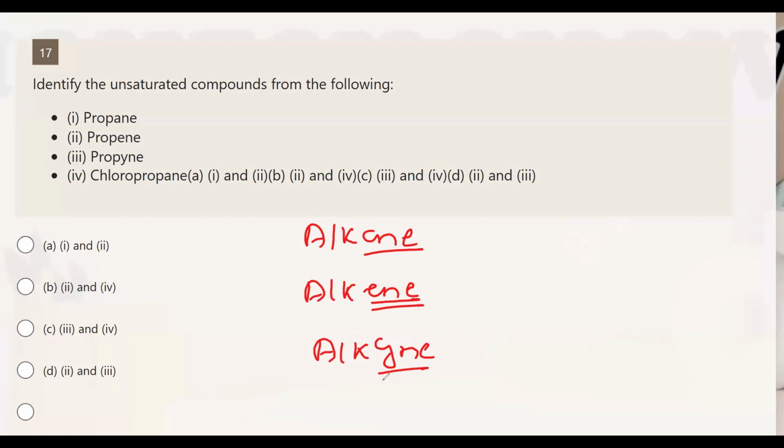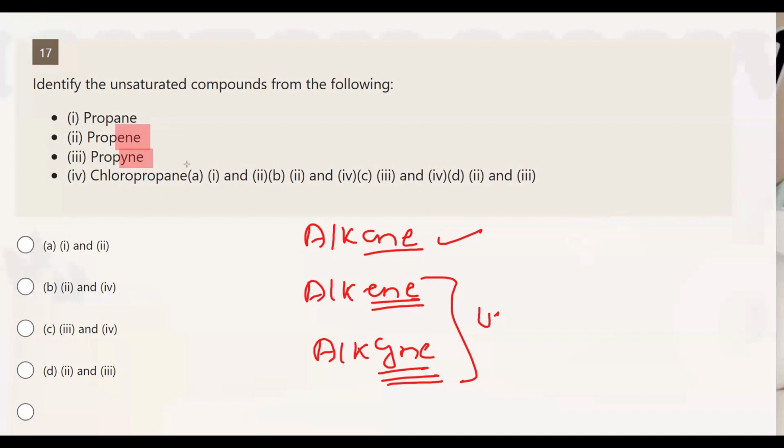Alkyne, YNE, has one or more triple bonds between carbon-carbon atoms. So this one is saturated and these two are unsaturated. I can identify from the name only. ANE, alkane, is saturated, not correct. ENE, unsaturated, correct. YNE, unsaturated, correct.